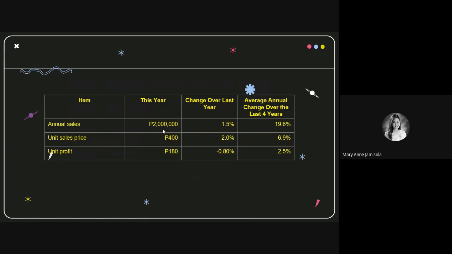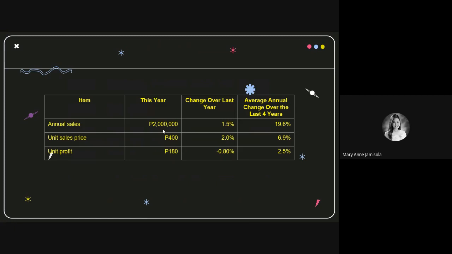However, the average annual change over the last 4 years for our unit sales price is actually 6.9%. Then the unit profit is 180 pesos this year, which is a decline of 0.8% from last year's. However, if you look at the average annual change over the last 4 years, that is actually an increase of 2.5%.